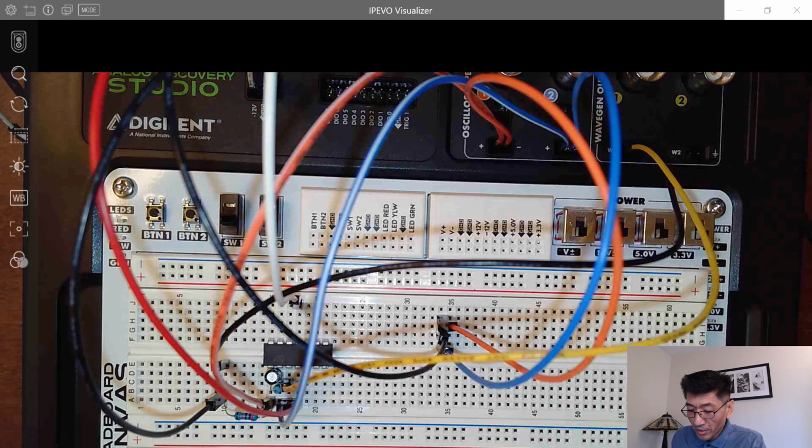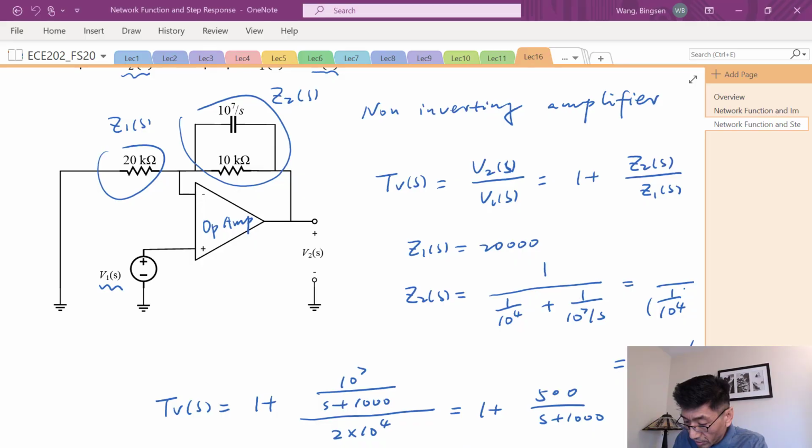But anyway, I connected these correctly. In this circuit, we know the voltage V2 is going to be higher than the voltage at the inverting terminal, right? Therefore, I need to have the capacitor's positive polarity terminal connected to the output. Okay, that's what I did.